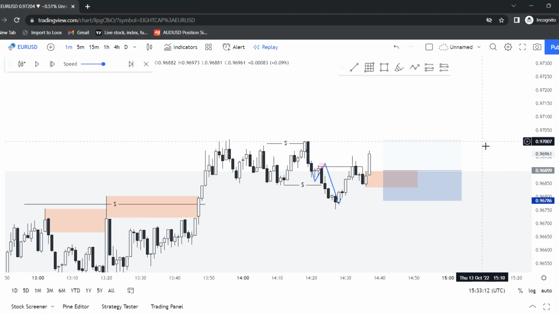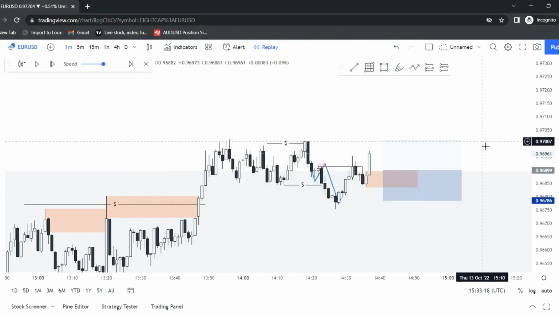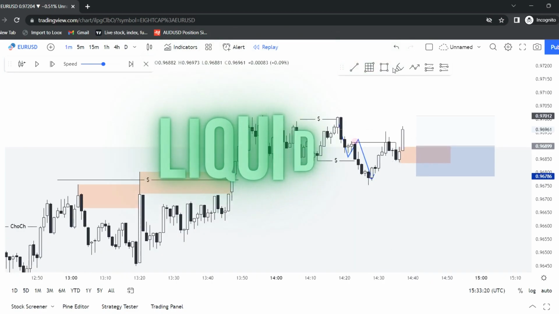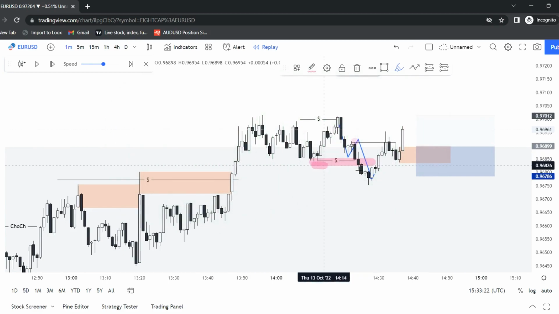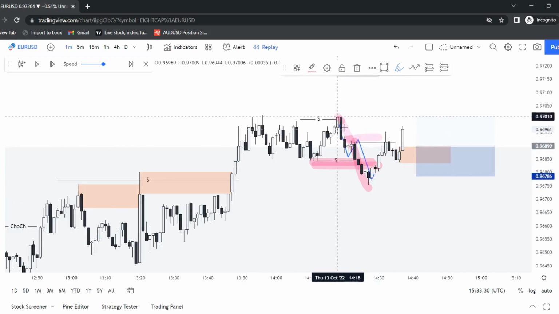So then we jump down to the 1 minute time frame. We could clearly see that supply is failing on the 1 minute zone, and price took liquidity from this zone over here. So when this high came down, it took liquidity from this zone and just went back up again, destroying these highs.